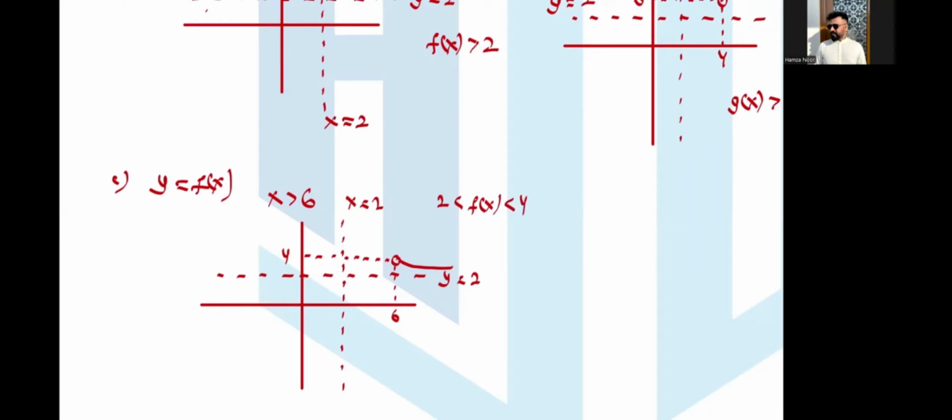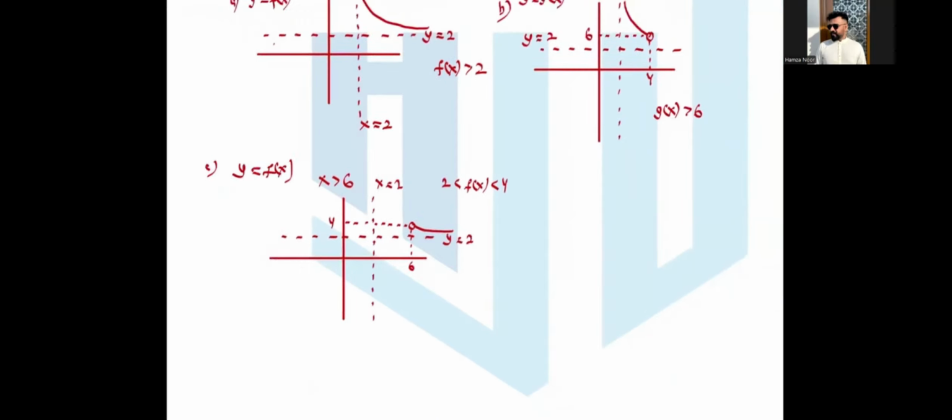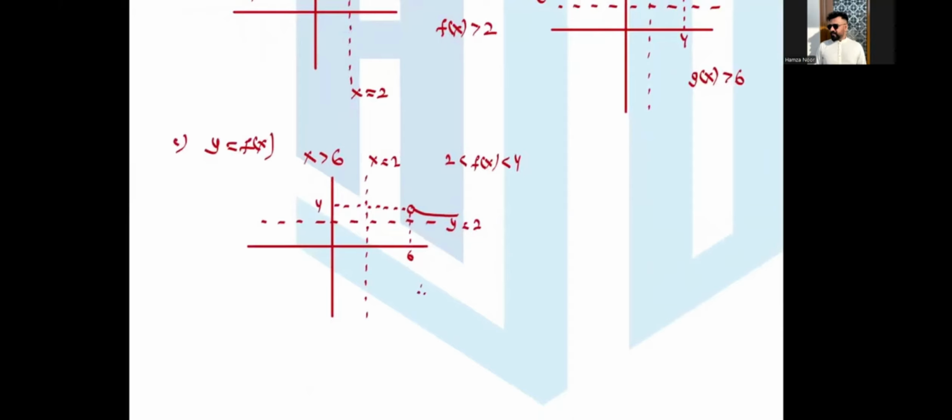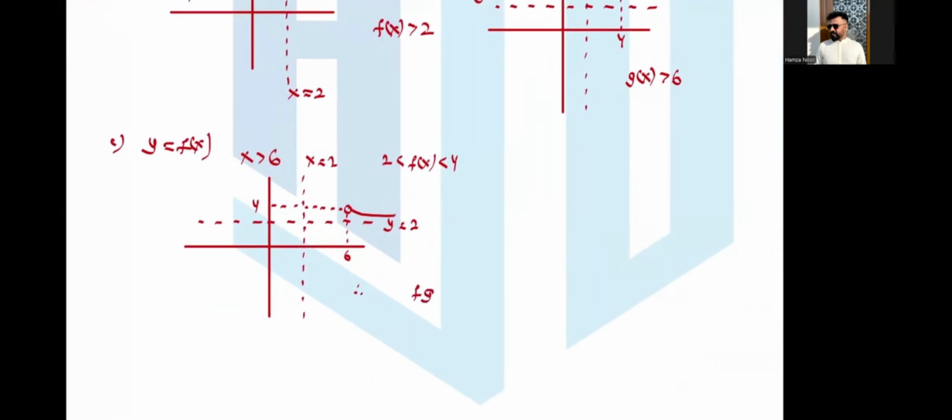Now the range of this outer function will become the range of the composite function fg(x). So the range of fg(x) is that fg(x) is greater than 2 and less than 4. This is our answer to part C.